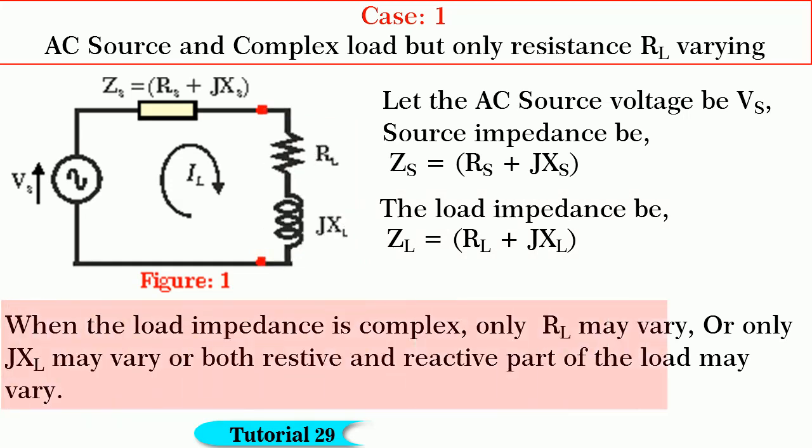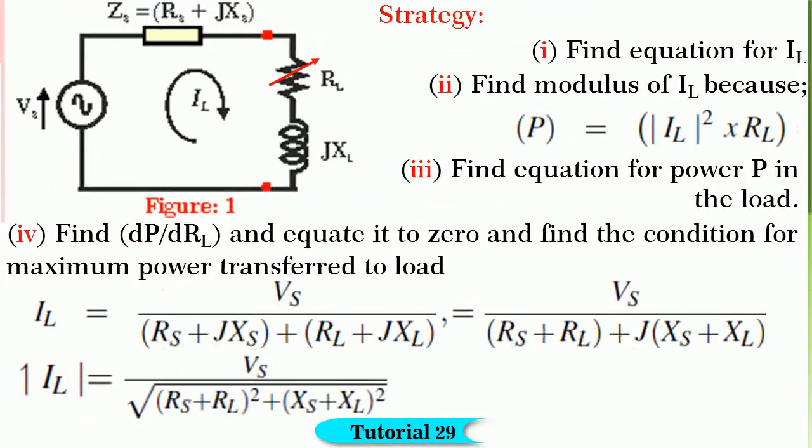But when the load is complex, we know that only RL may vary, or only XL or XC may vary, or both resistance and reactance part of the load may vary. So, first we shall consider case 1 wherein only RL is varying as shown in figure. Remember, here XL will be constant.